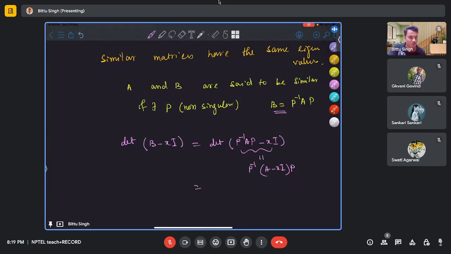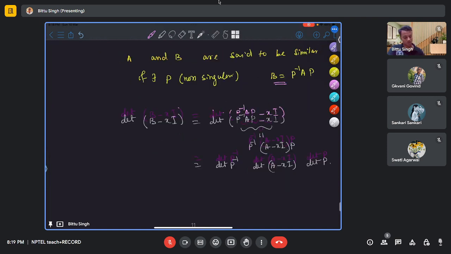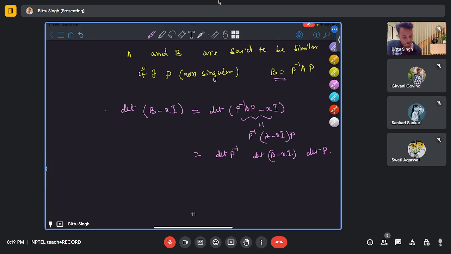Now determinant is multiplicative, so this is the same as determinant of P inverse times determinant of A minus xi times determinant of P. So this equals 0 if and only if the whole thing is 0, but determinant of P inverse is non-zero because P is non-singular, as given.